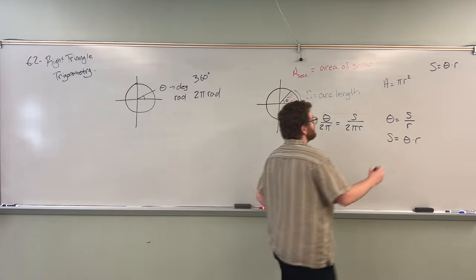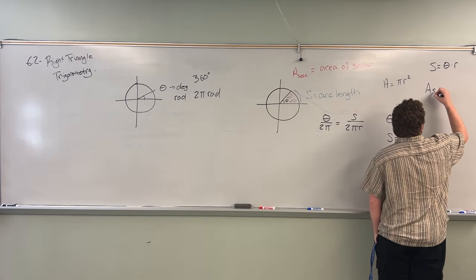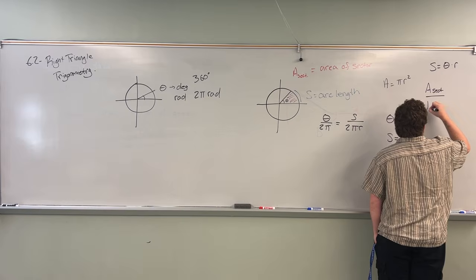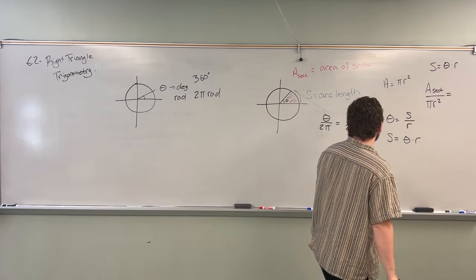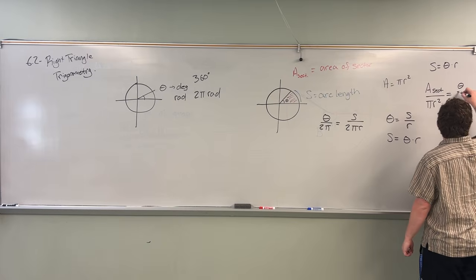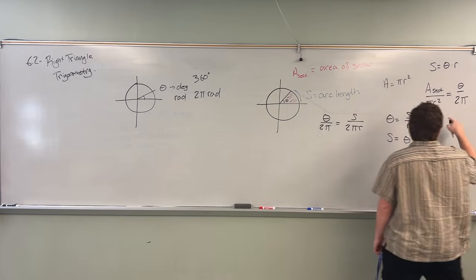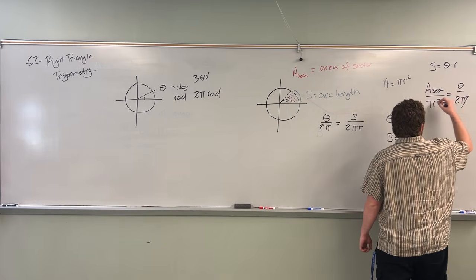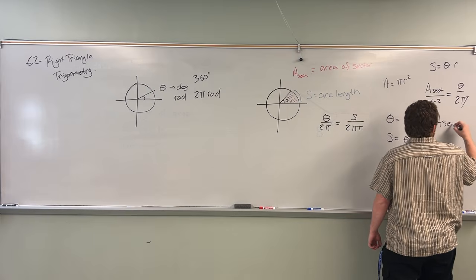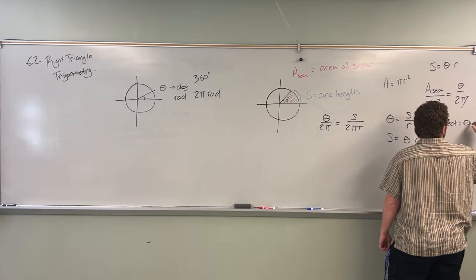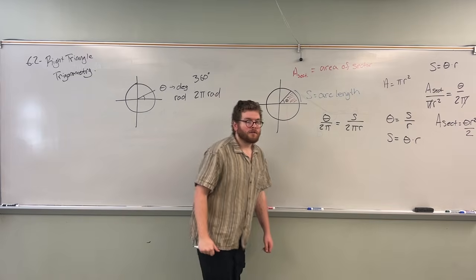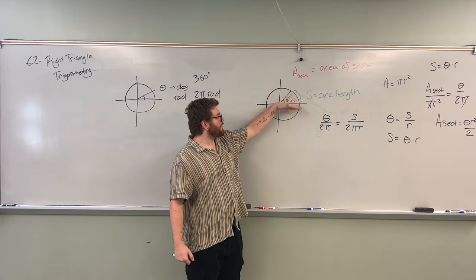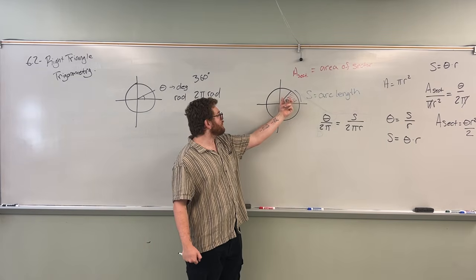So A sect over pi r squared is proportional to whatever my angle is over the entire 2 pi. I can cancel out those pi's. A sect equals theta r squared over 2. So the area of this portion is equal to this.